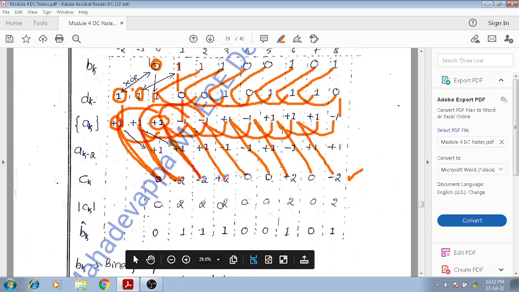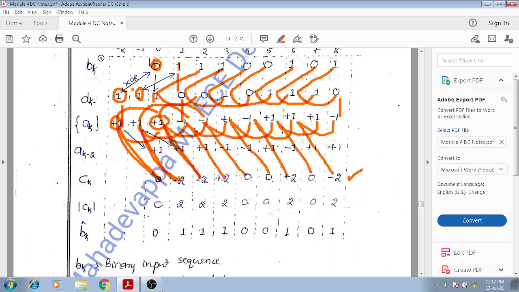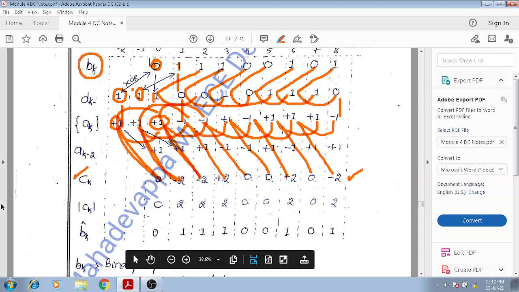Next, in order to estimate the original data sequence Bk, you have to feed this sequence Ck to the rectifier, and it will calculate the magnitude or absolute value. So the absolute value of 0 is 0, the absolute value of -2 is +2, like that.